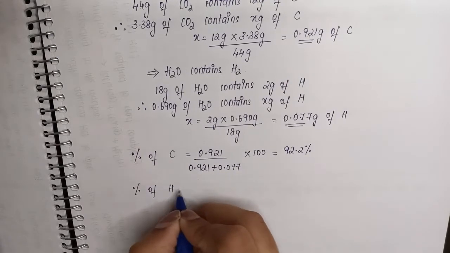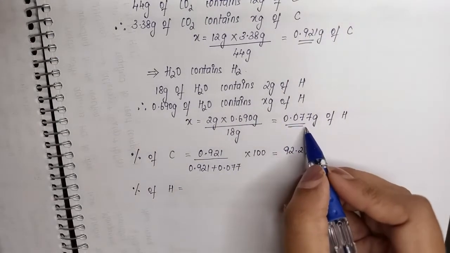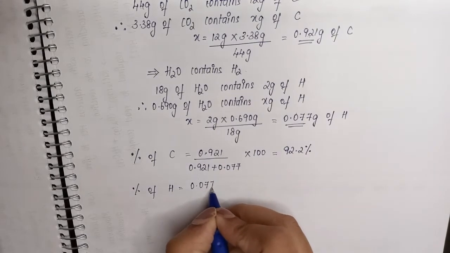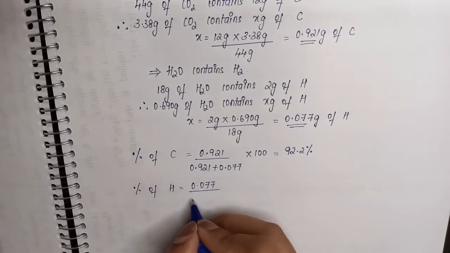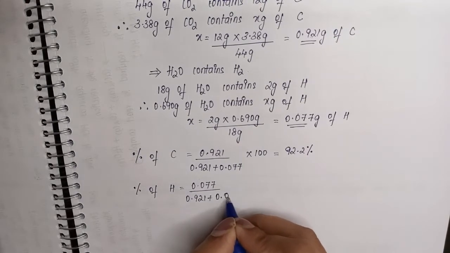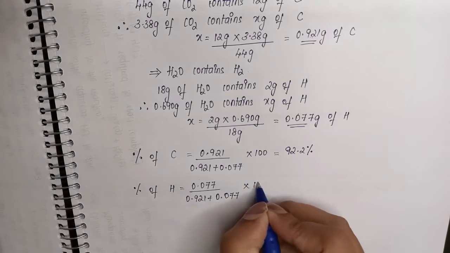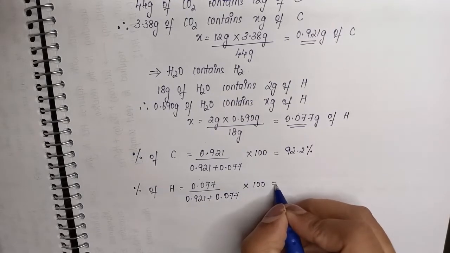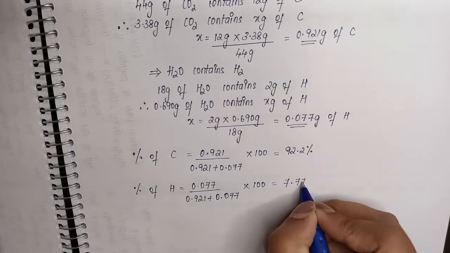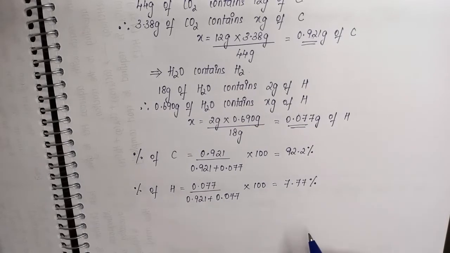Similarly, we will do the same for hydrogen also. Percentage of hydrogen is equal to, you take the weight of hydrogen in the numerator because it is for hydrogen, divided by total weight. So 0.077 divided by 0.921 plus 0.077, into 100. When we simplify this, you will get 7.77%.